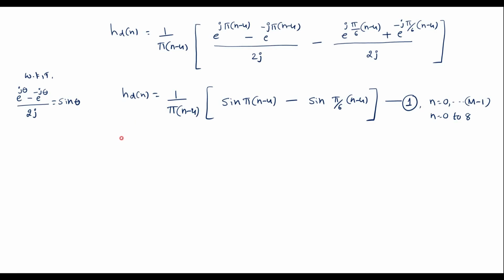So now for n equal to 4, equation 1 leads to 0 by 0 form, which is indeterminate. So we are supposed to solve it using L'Hospital rule.